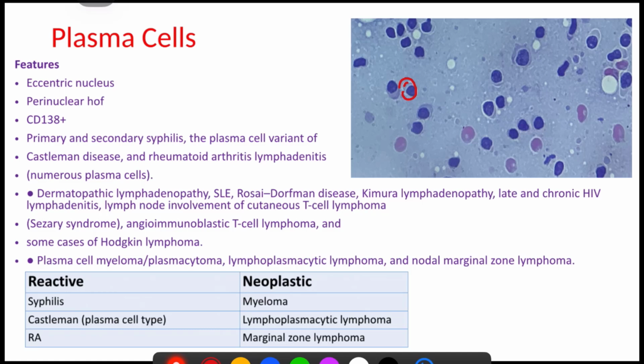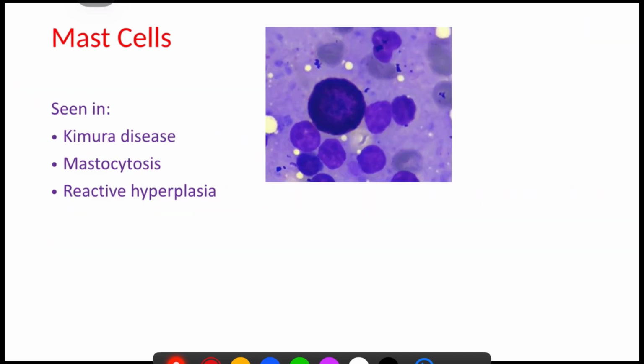All these show an increased number of plasma cells. But if you remember some names, mostly syphilis, Castleman, rheumatoid arthritis. Castleman is of many types, but the plasma cell type shows plasma cells. Neoplastic conditions where you find an increased amount of plasma cells are multiple myeloma, lymphoplasmacytic lymphoma, and marginal zone lymphoma.